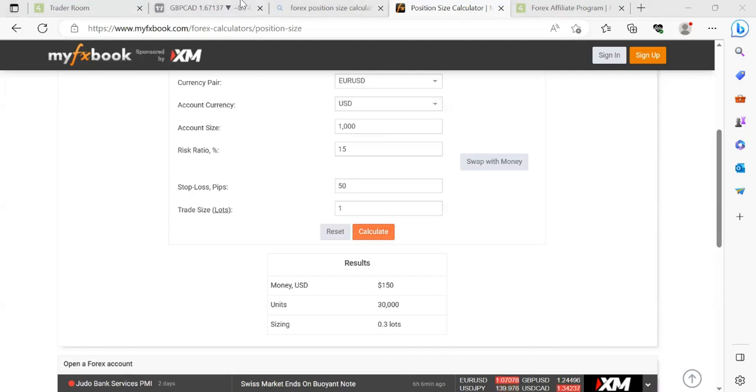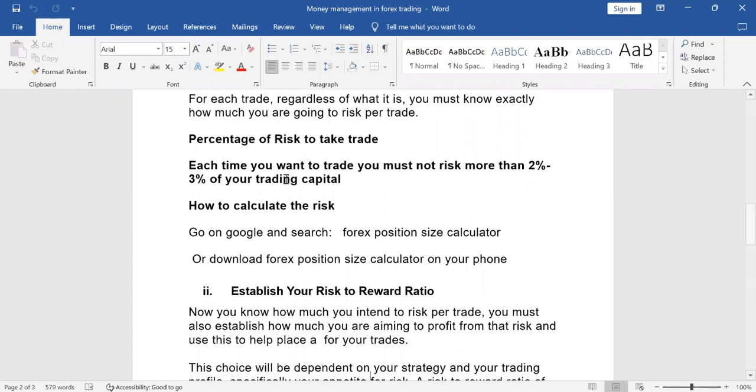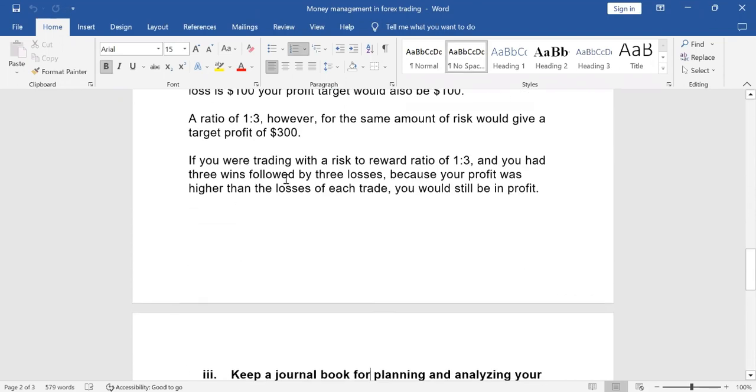So this is how to make use of percentage each time you want to trade. Another thing to do is to establish a risk reward ratio. What do we call risk reward ratio?